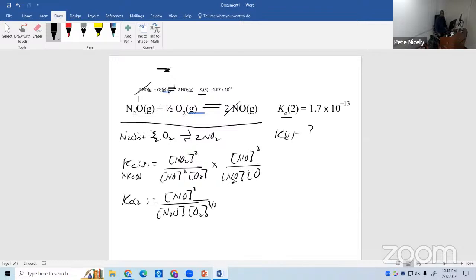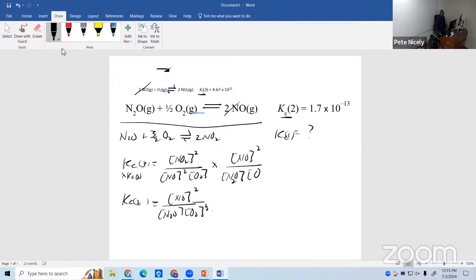Hold on. Okay, I think I mixed up something here. The KC2 oxygen should have a 1/2 exponent rather than 3/2. My bad, thank you for pointing that out. So the KC2 I should be using is the concentration of NO squared divided by the concentration of N2O times the concentration of O2 to the half. Yeah, that's my fault.